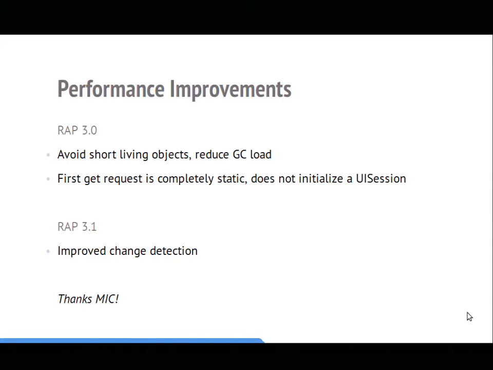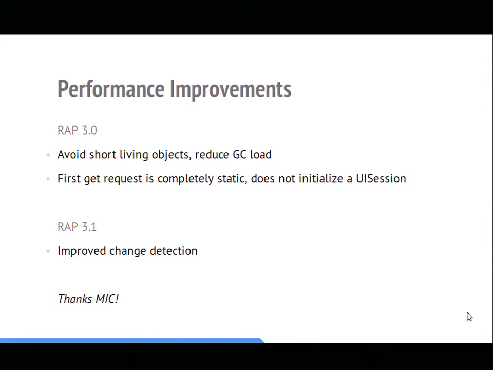And for this purpose we created a lot of objects that are only there for this single request. And well, creating an object does not take a lot of time, but if you create a lot of objects, then the garbage collector has a lot of work. And the garbage collector really turned out to be a bottleneck.